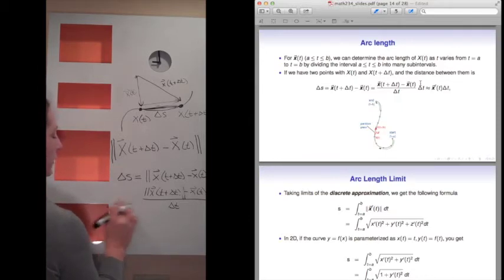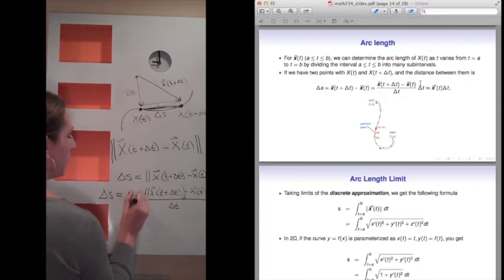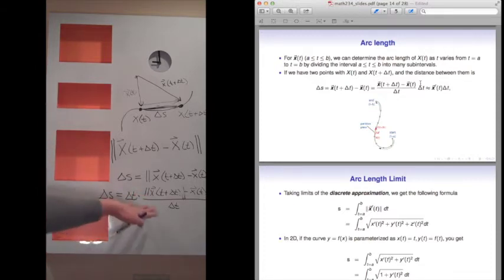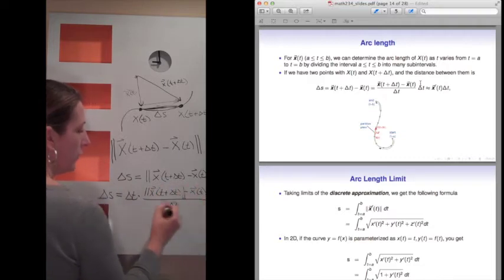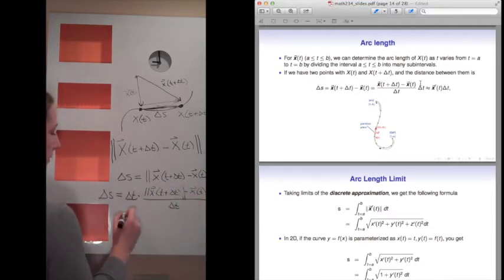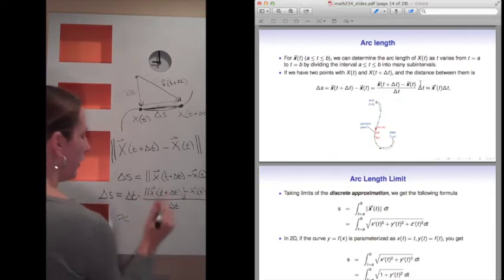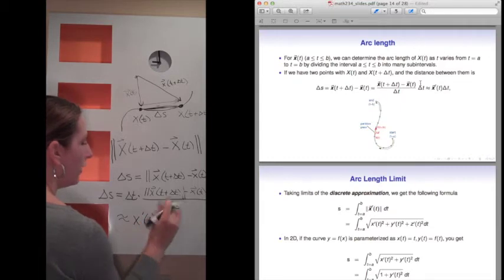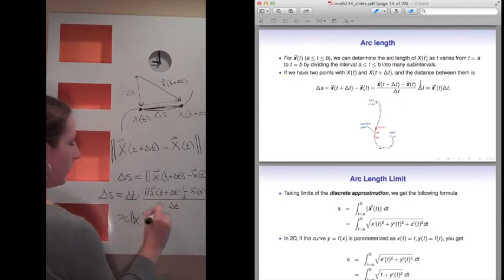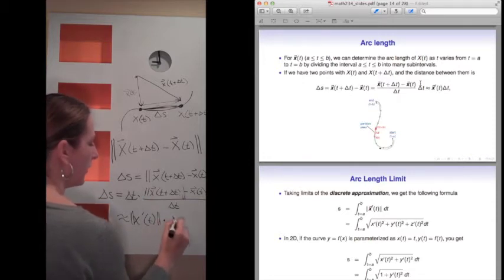So let me just make a little more room here. And I get this formula. Now this part of the formula, the second part of the formula here, we've seen before, right? So this is approximately x prime of t. So this is the length here of x prime of t, right, times delta t.